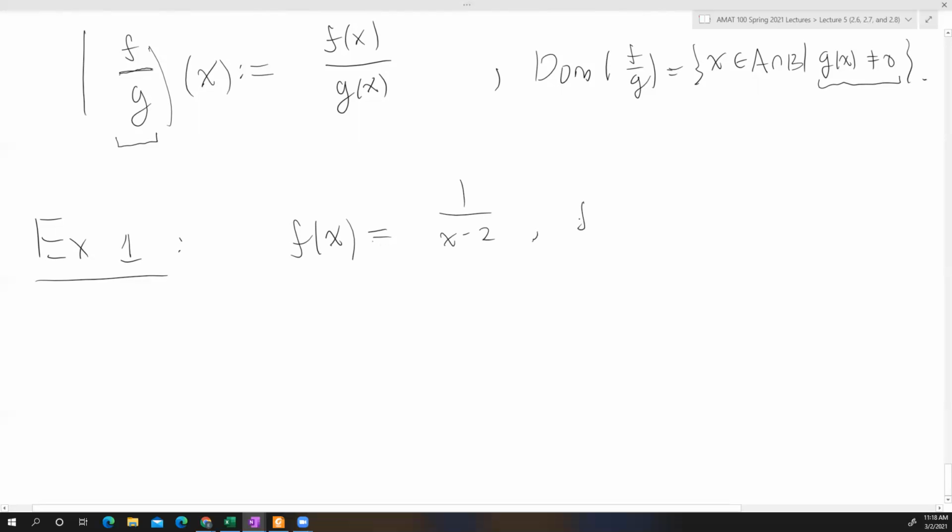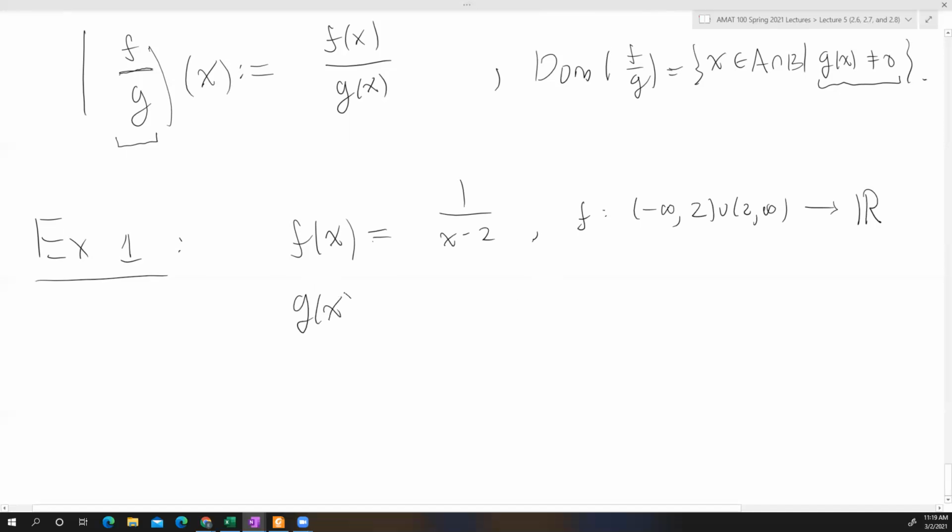Clearly the domain of this is any point except 2, so we have to exclude that. The domain is negative infinity to 2 union 2 to infinity, which is the real numbers except 2. We don't really care about the range in this case.